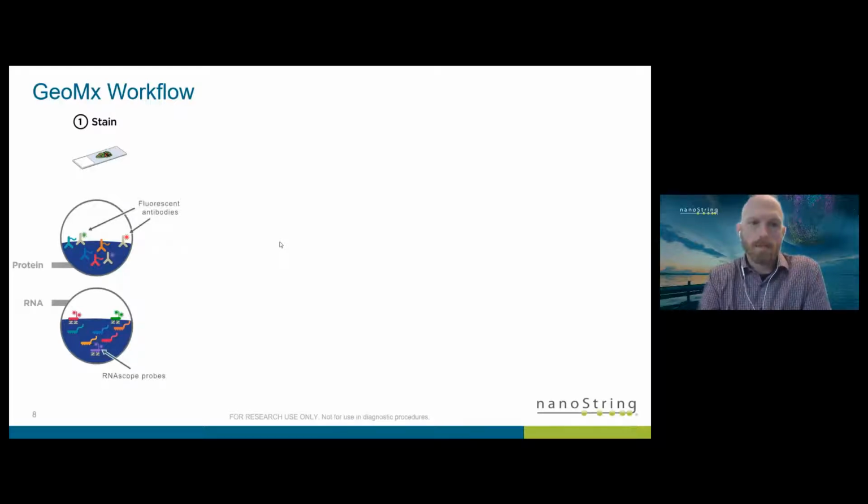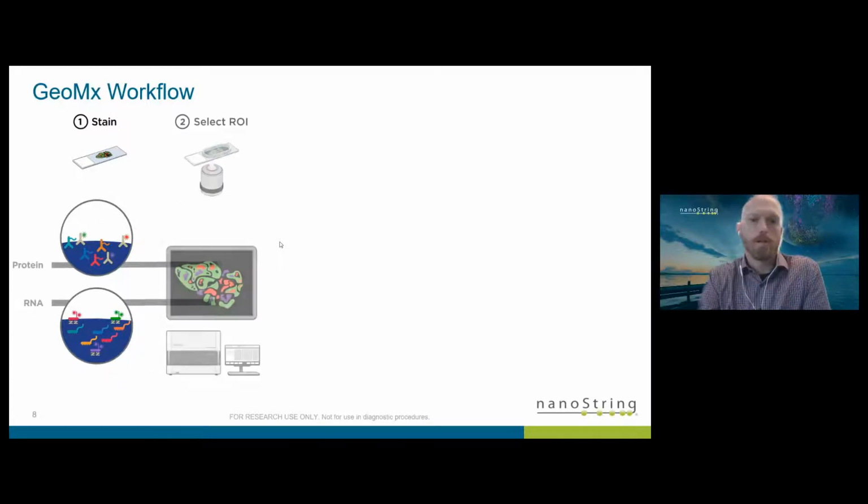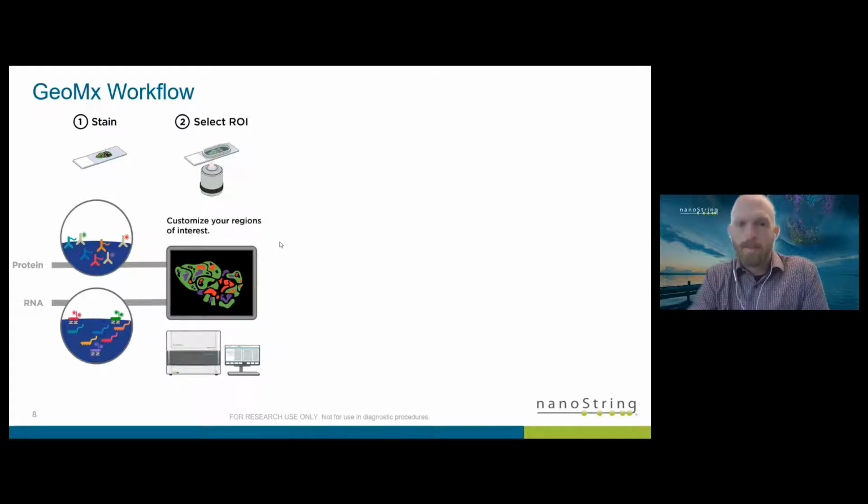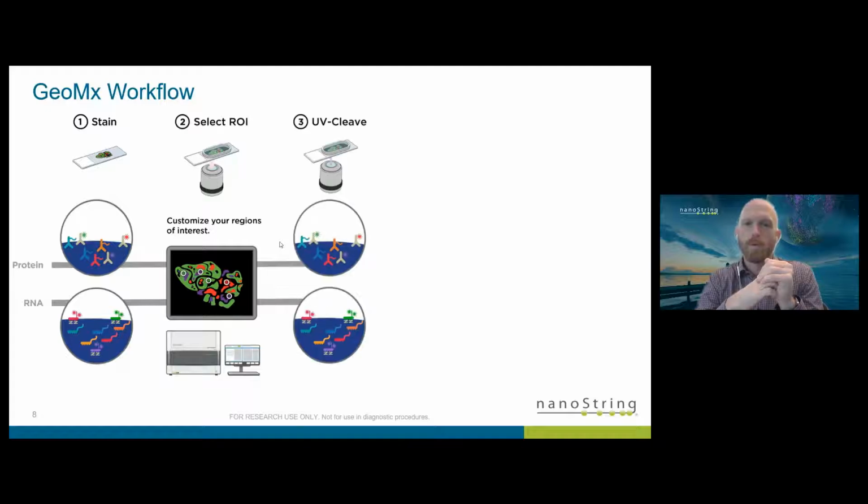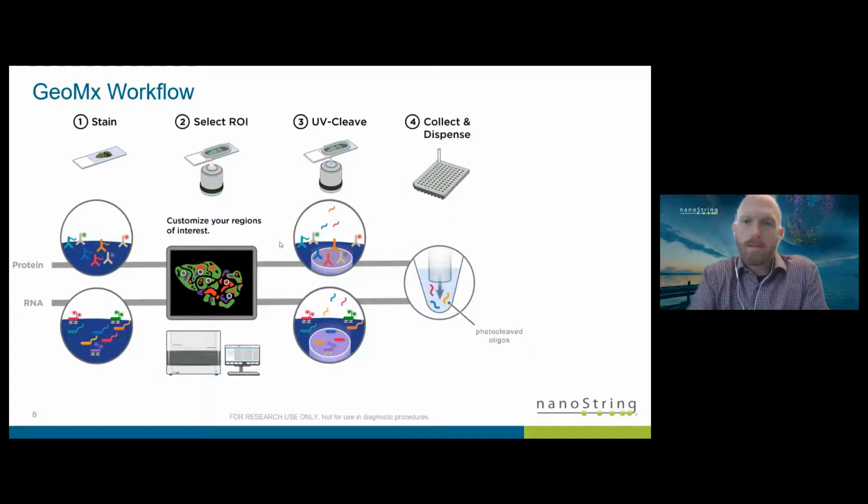The sample is stained and run on the digital spatial profiler. And that presents you with a very beautiful image of your tissue sections, where you then select your regions of interest. And then once that's complete, the instrument will go to each different area that you've selected. It will shine a UV light to release those DSP barcodes. And then it immediately collects this DSP barcode into a zipper and deposits each of those into a well in a 96 well plate.